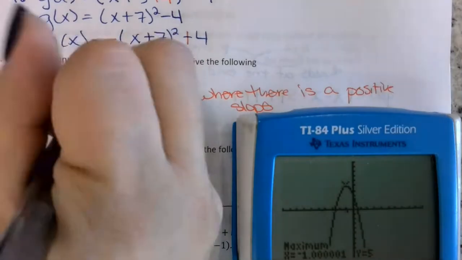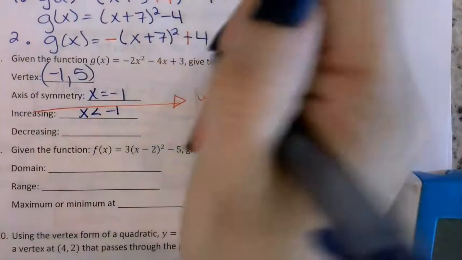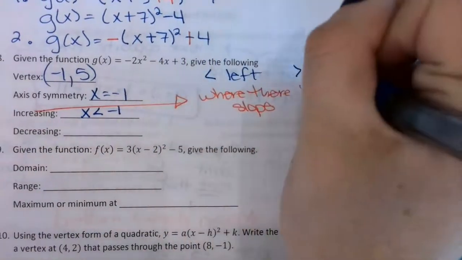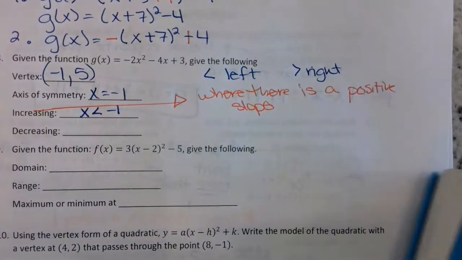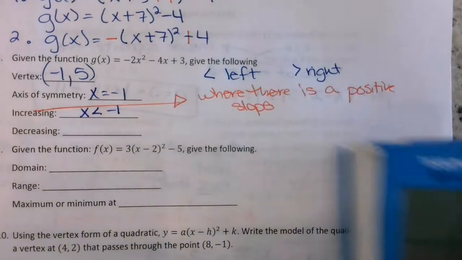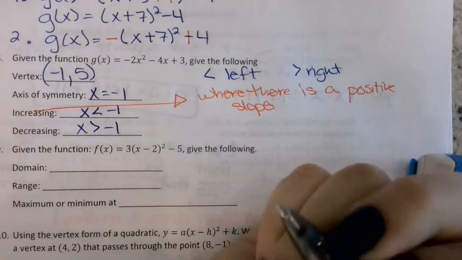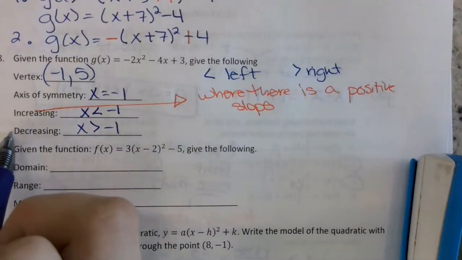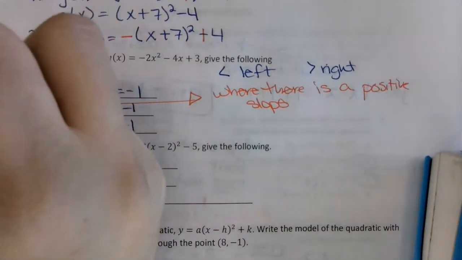So I write x less than -1. Remember, less than for left, greater than for right. So then the decreasing has to be on the other side. So it's going to be x is greater than -1. All of these 3, axis of symmetry, increasing and decreasing, they take the x value from the vertex.